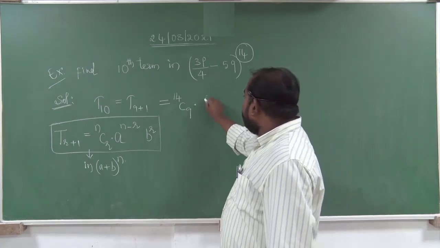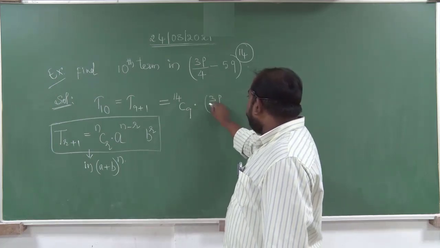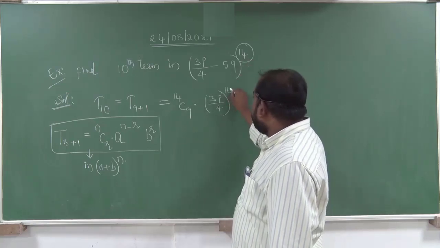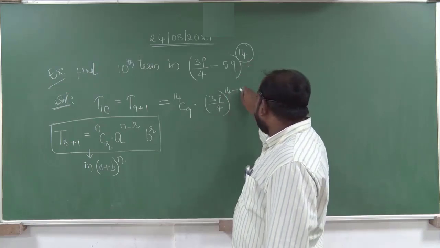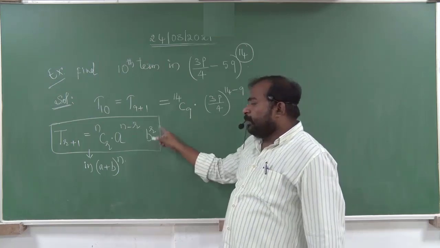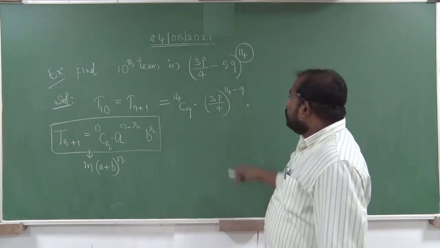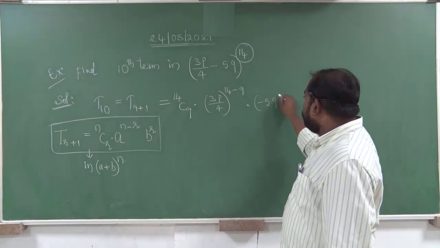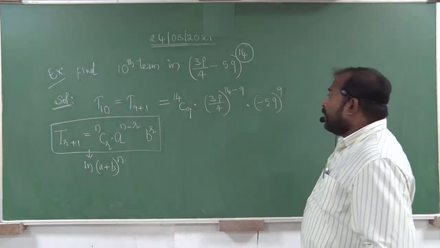What is the a value? (3p/4) whole power n minus r, n value 14 minus r value 9, into b power r. What is the b value? Instead of b, minus 5q is there, whole power 9 is the value.